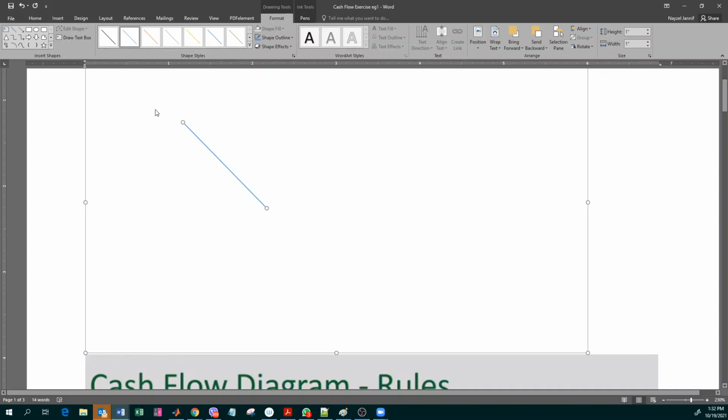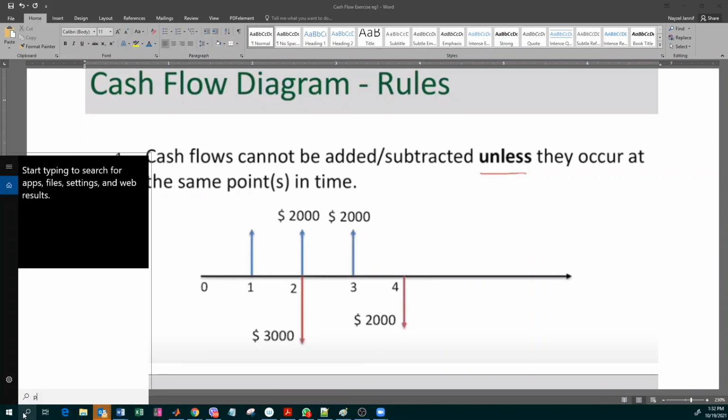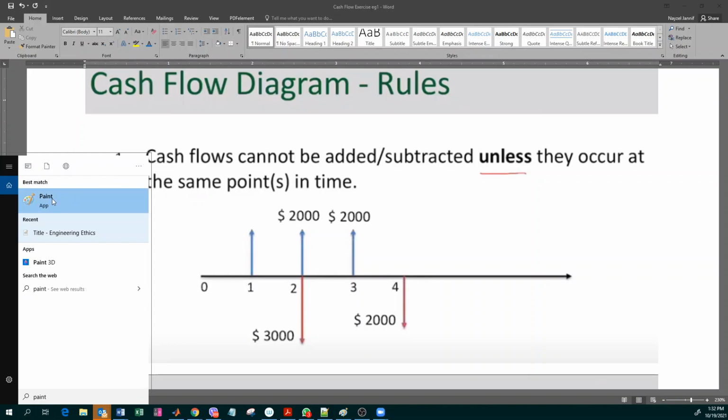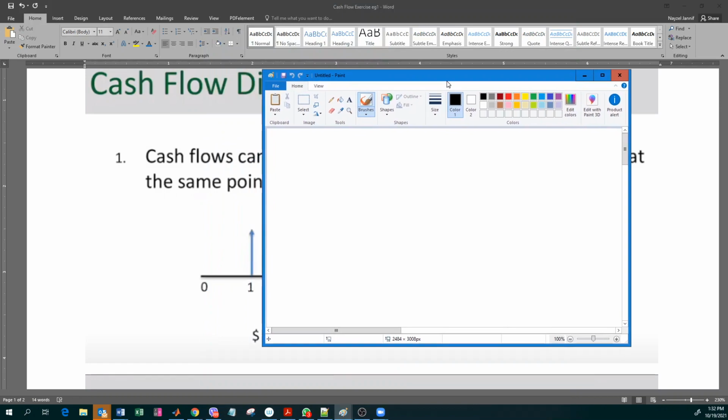Sorry. Let me show you this. Sorry. Let me just open up my Paint over here. And instead of sharing just the particular thing, I'm going to share the entire screen so that you can see.